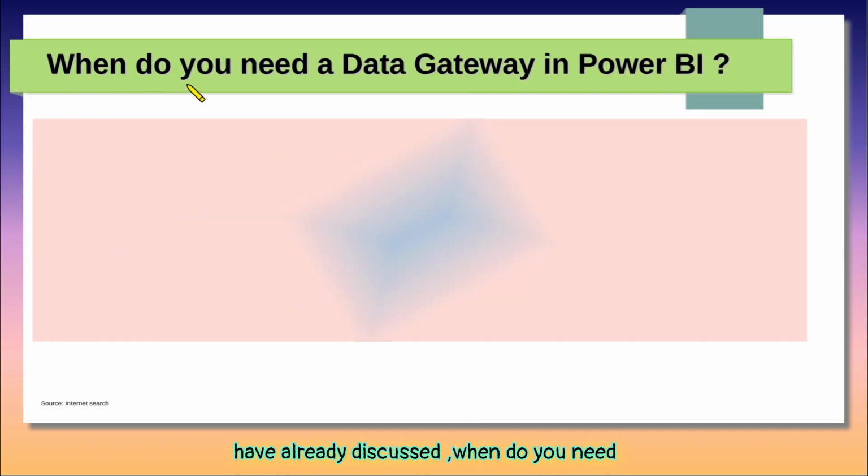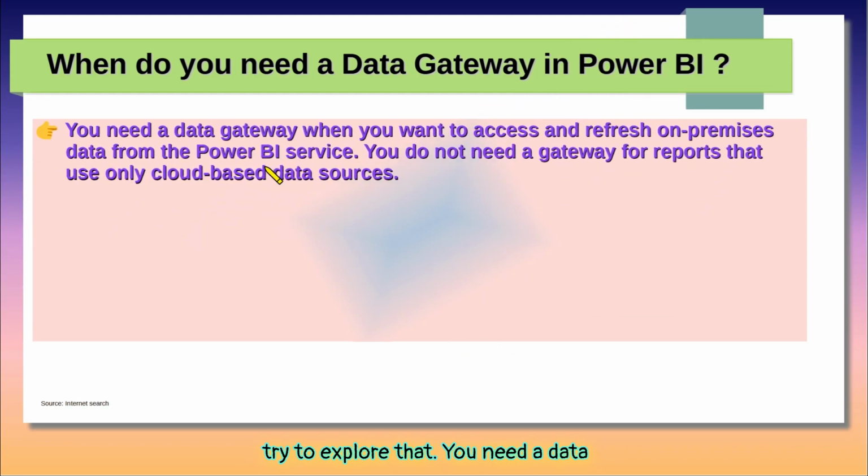And like we have already discussed, when do you need a data gateway in Power BI? Let us try to explore that. You need a data gateway when you want to access and refresh on-premises data from Power BI service. For example, if you have SQL Server data or any other data which you have on-premises, then you need a data gateway.